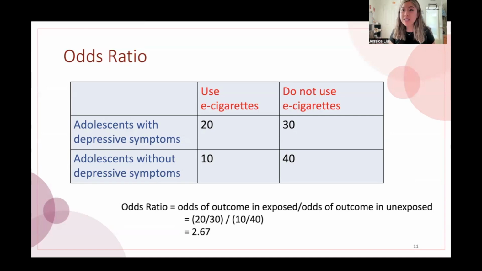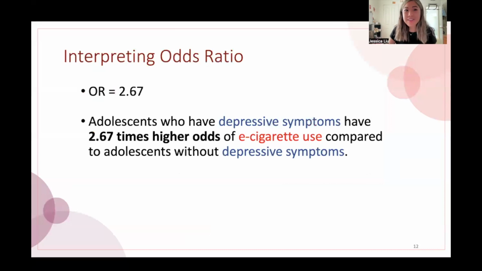The way you calculate the odds ratio is that you take the odds of the outcome among people who are exposed and then divide that by the odds of the outcome among the people who are unexposed. So in this case, you take 20 over 30 divided by 10 over 40, and then you do the math, it turns out to be 2.67. That is your odds ratio. Then what do you do with this number, 2.67? What does that mean?